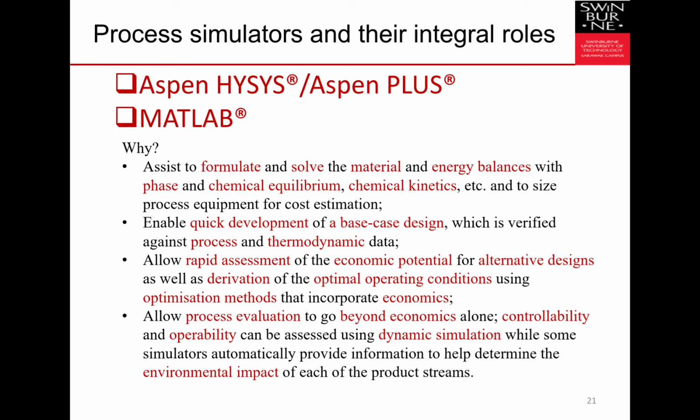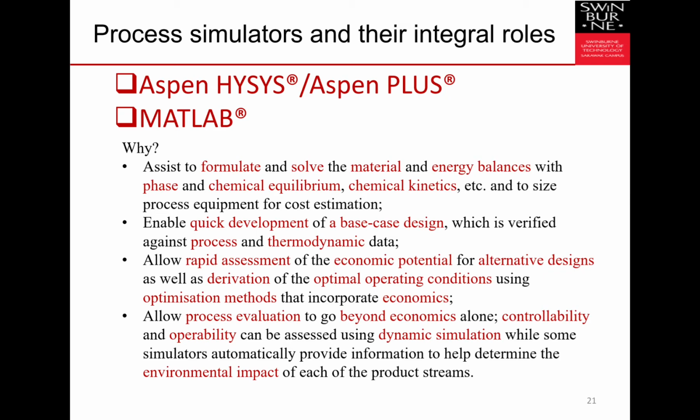These software, especially the first one, assist in formulating and solving the material and energy balances. It also enables quick development of a best case design, which is verified against the process and thermodynamic data. Using Aspen HYSYS or Aspen Plus, you can do a quick assessment of the economic potential for alternative designs, as well as derive the optimal operating conditions using optimization methods that incorporate economics.